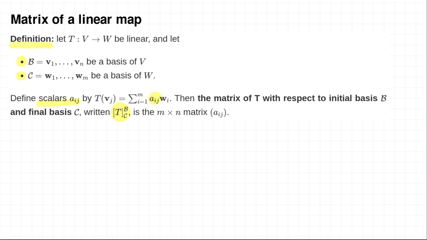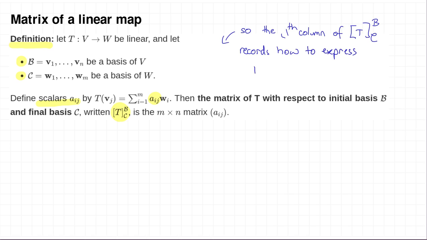As a way to summarize this definition, what you would say is the jth column of this matrix, T upper B lower C, records how to express T of Vj, the jth basis element from the basis B of V, as a linear combination of the elements of the basis C.